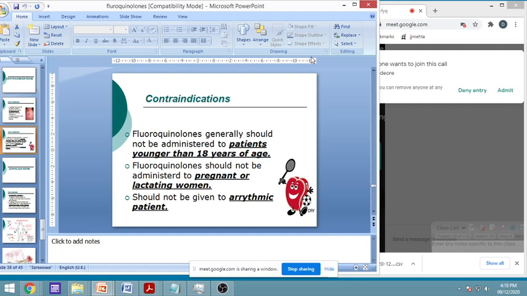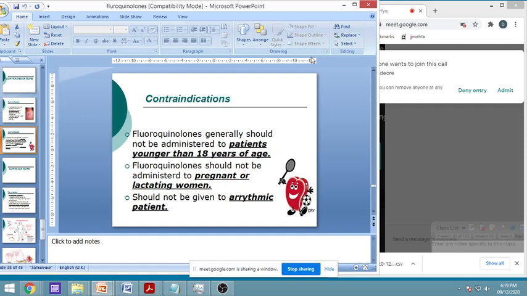They are affecting the developing bone, and till 18 years of age these adolescents are growing, their bones are developing, and therefore it will interfere with bone development, and cartilages can be weak. This is the reason, and therefore it is not given.